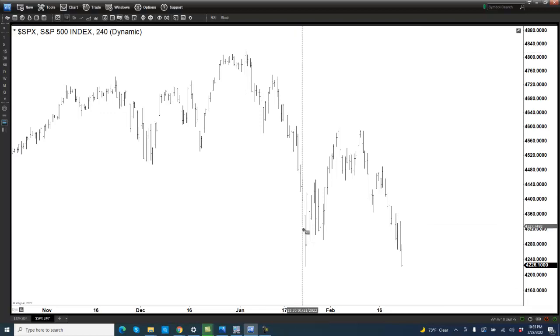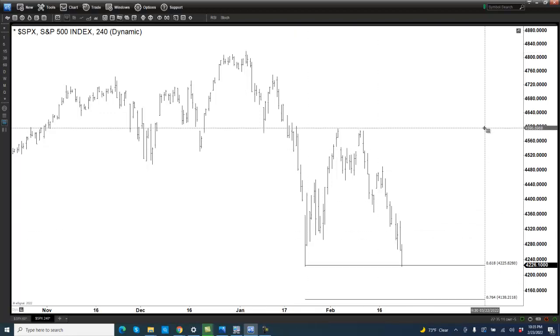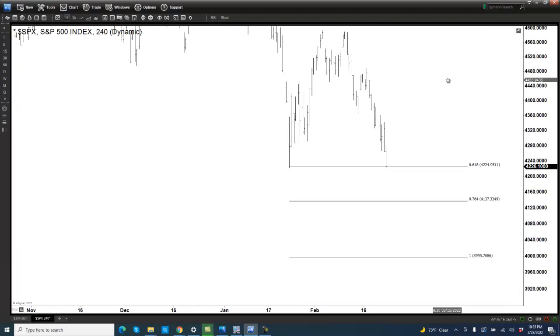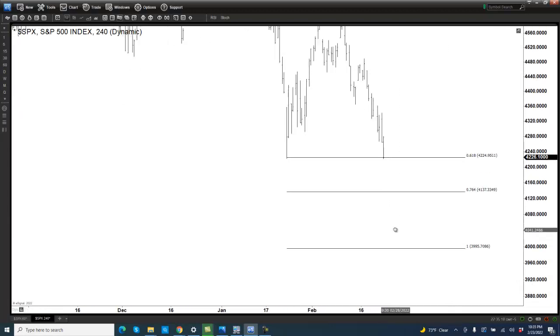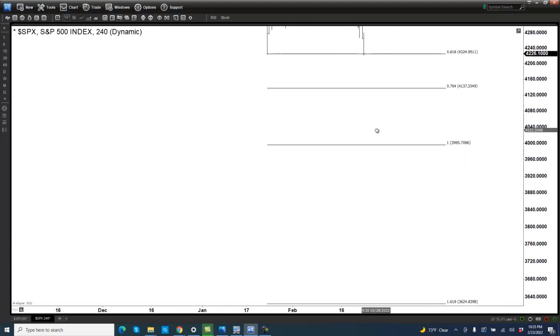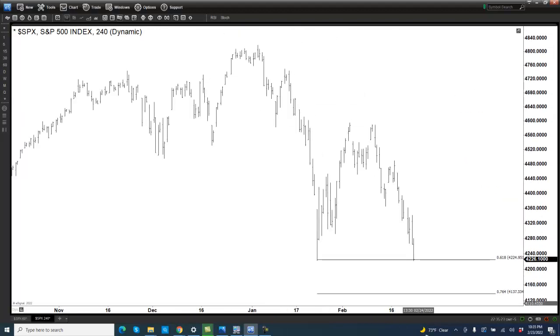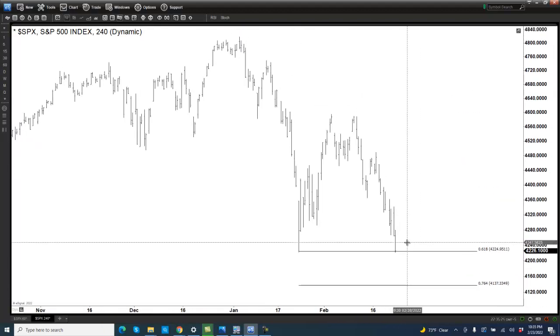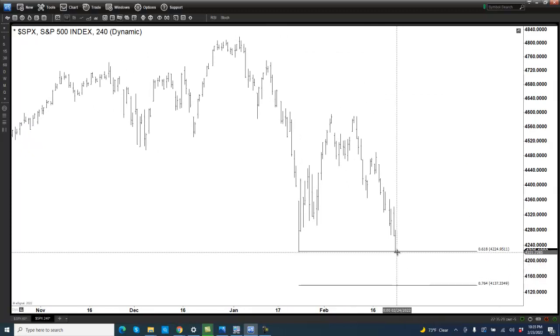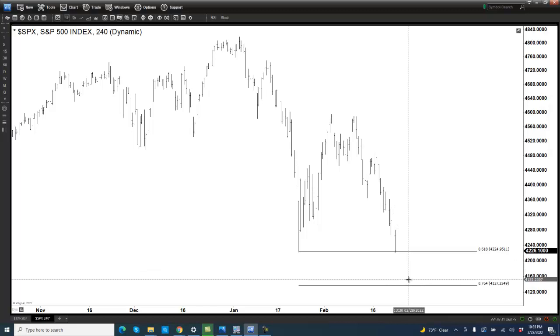Market is market, by the way, and nothing is impossible. The S&P could trade lower all the way to 39.95, even down to around 3,700 within the next session, if it doesn't bounce from this highlighted area between 42.24 and 41.37.